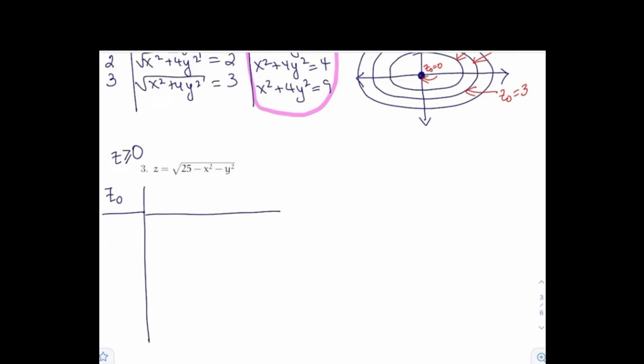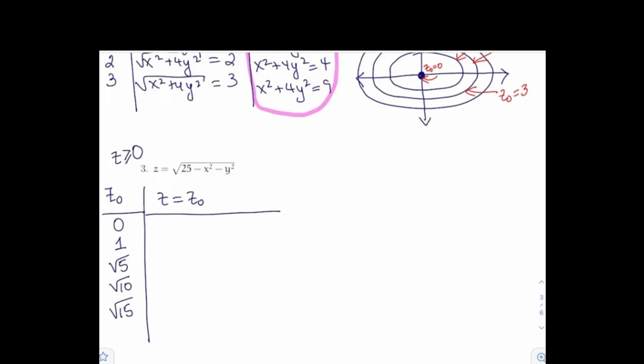I'm going to be picky about what I select for my values because I know that I will be squaring each side. So now I'm going to pick values that make sense to me. So let's say 0, and then we'll do 1, and then I'm going to do square root of 5, square root of 10 and square root of 15.